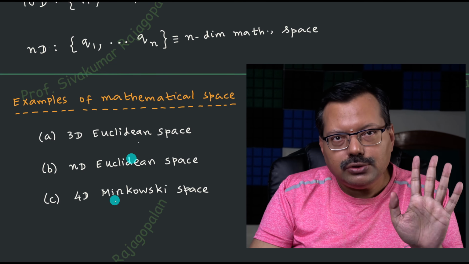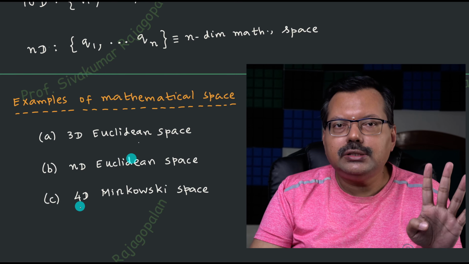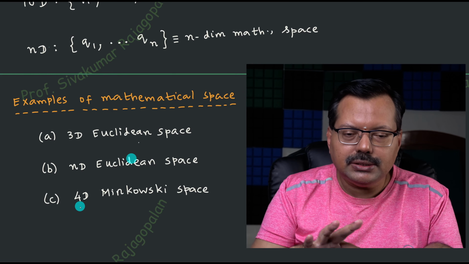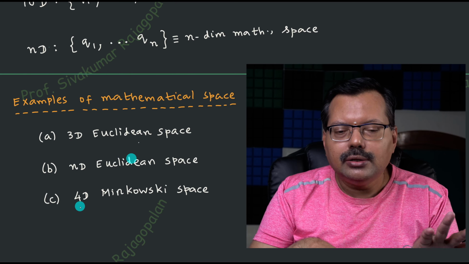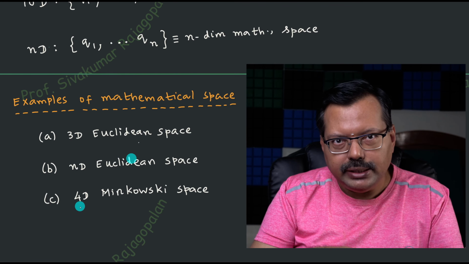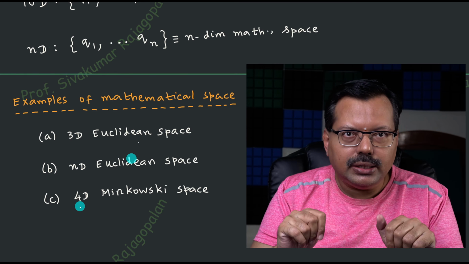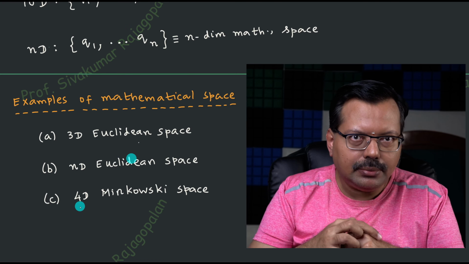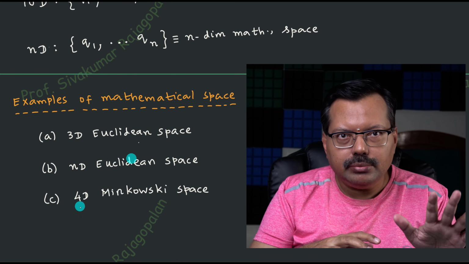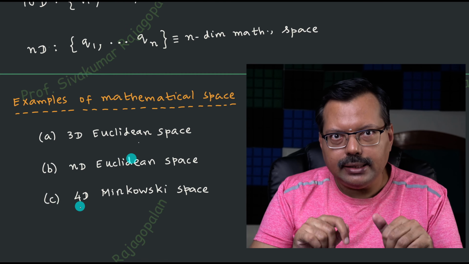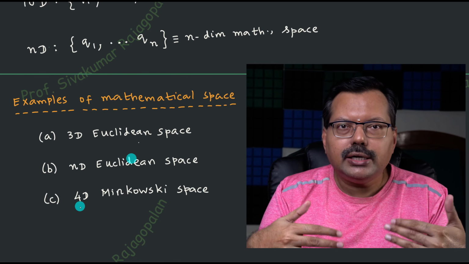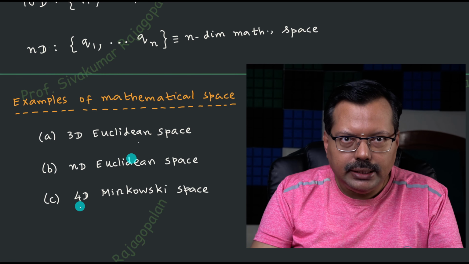In the case of the Minkowski space, it is not that. The first 3 of them, it depends on whether you write first 3 or last 3, the first 3 will be space: meter, meter, meter. The last one, that is the fourth element, will be in time, right? Seconds. So meter, comma, meter, comma, meter, comma, second. That is called x, comma, y, comma, z, comma, t.